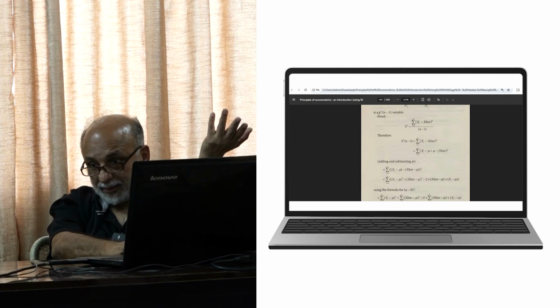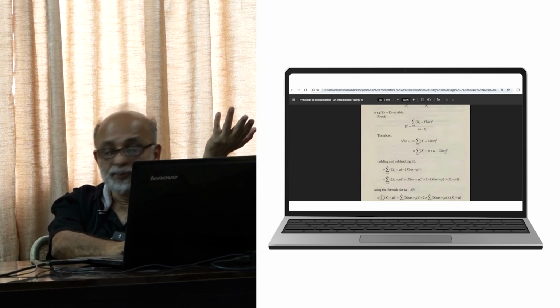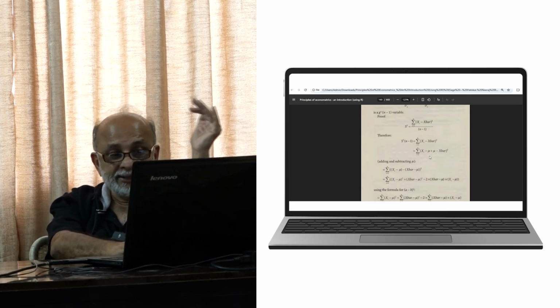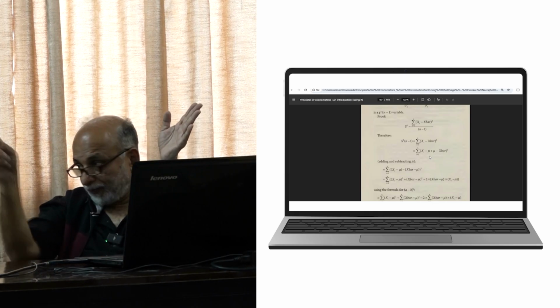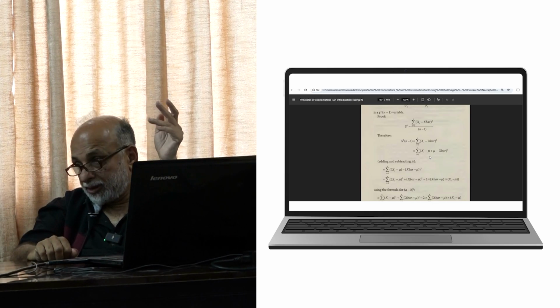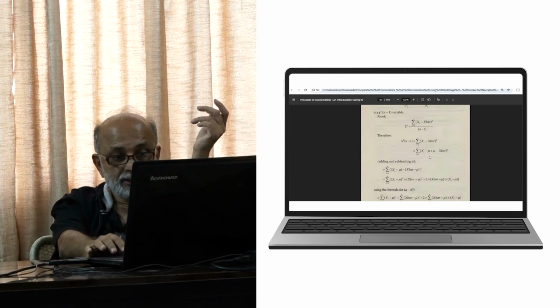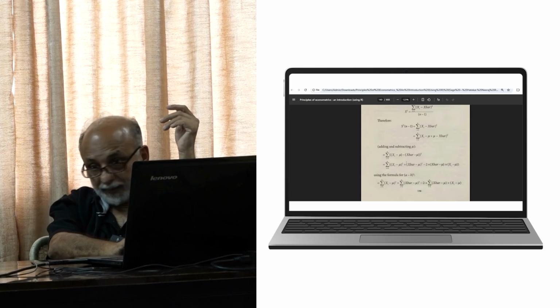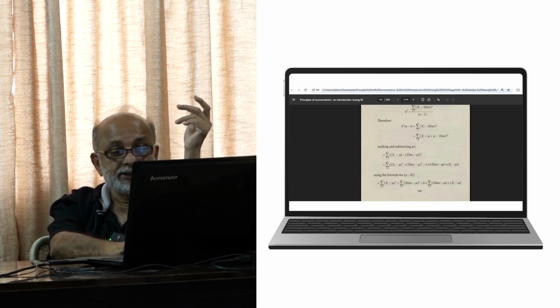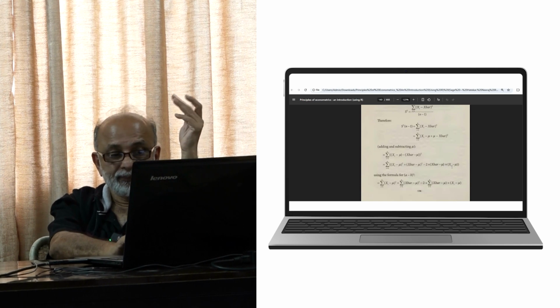Now use the formula a minus b whole square, which is a square plus b square minus 2ab.